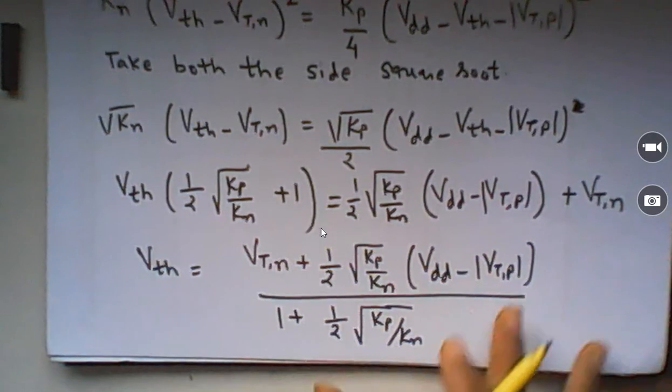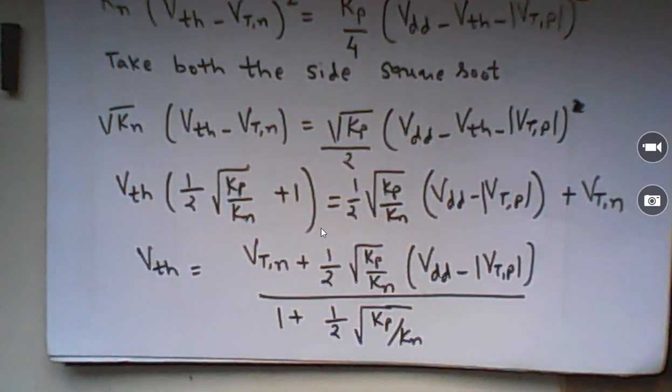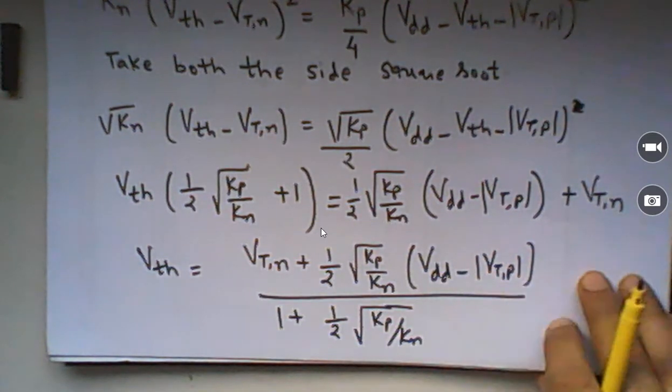So this is the switching threshold voltage of the 2 input NOR gate implemented using the CMOS inverter.